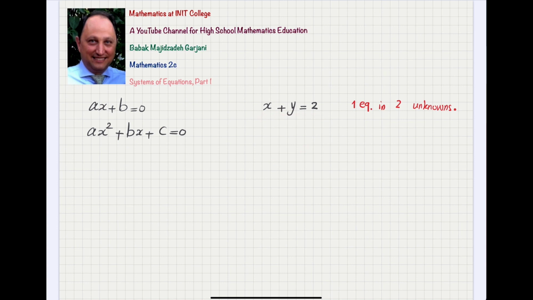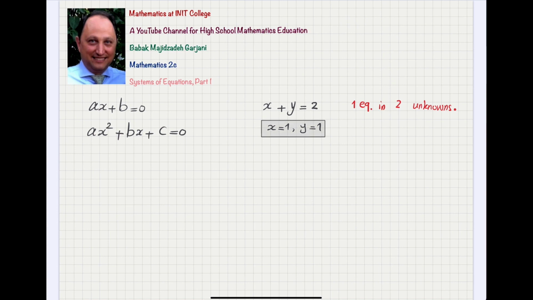For example, one possibility is to choose x equals 1 and y equals 1. This is correct because if I add them, it becomes 2. This whole thing is a solution to this equation.